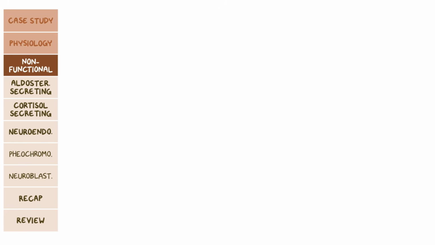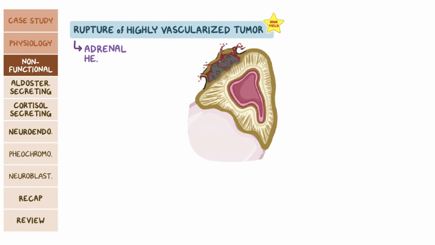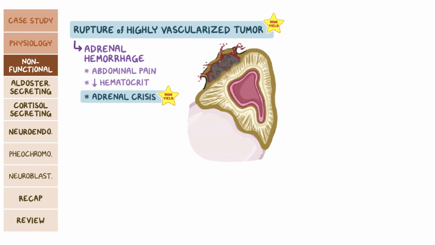One very high-yield complication is rupture of a highly vascularized tumor, which can lead to adrenal hemorrhage. The major signs of adrenal hemorrhage are abdominal pain, falling hematocrit, and signs of an adrenal crisis, including hyponatremia, fever, and loss of consciousness.